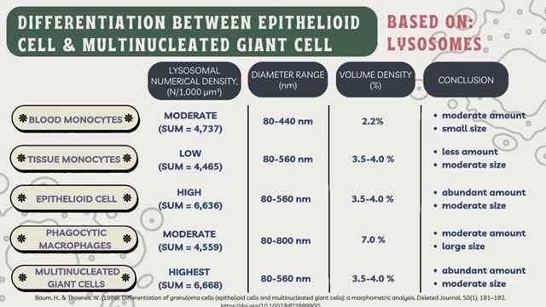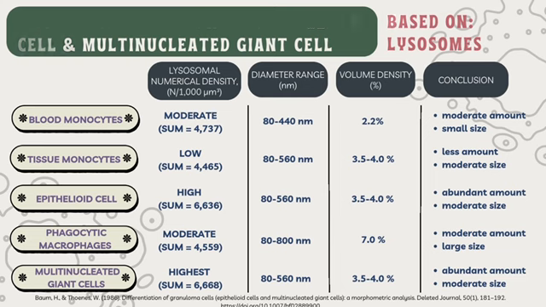Based on the results, we could conclude that blood monocytes have a moderate amount of lysosomes with small size, and tissue monocytes have fewer lysosomes of moderate size. Epithelioid cells have abundant lysosomes of moderate size, whereas phagocytic macrophages have a moderate amount of lysosomes that are large, and lastly, multinucleated giant cells have an abundant amount of moderate-sized lysosomes.